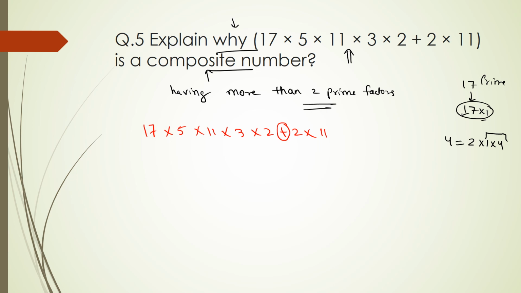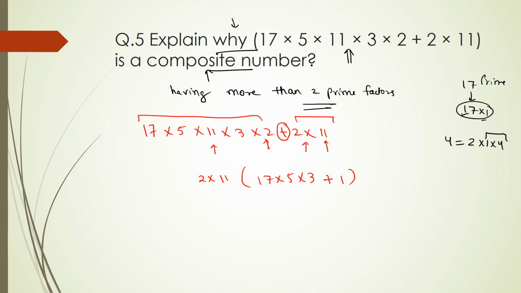So this is one term and this is another. What is common? 2 is here, 2 is here, yes. 11 is here, 11 is here. So I can take out common as 2 into 11, correct? What is left? 17, 5, 3 from the first term and 1 from the last term, correct?